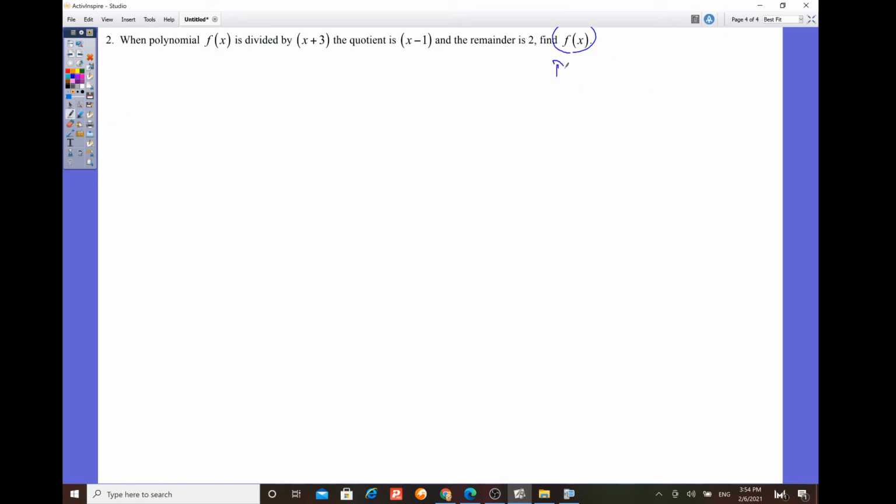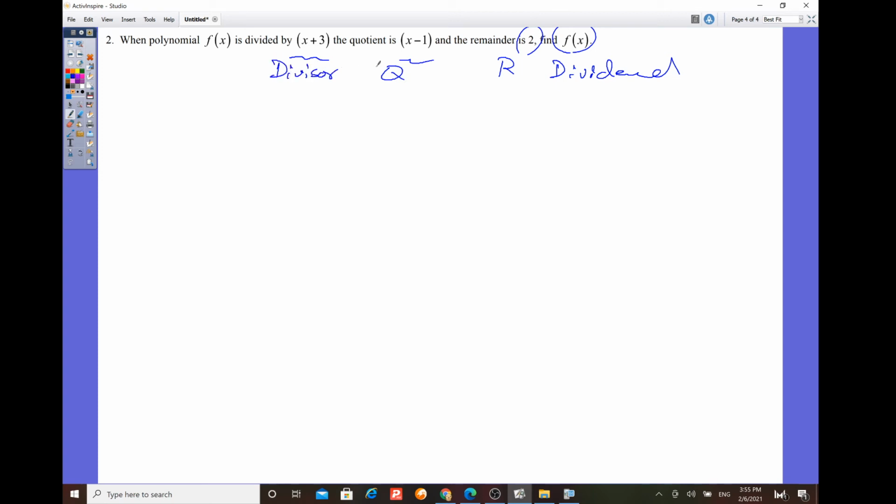So f of x, that's the dividend. And the divisor is given already. It's x plus 3. And the quotient is x minus 1. And the remainder is 2. So we got a remainder, we got a quotient, and we also have the divisor.